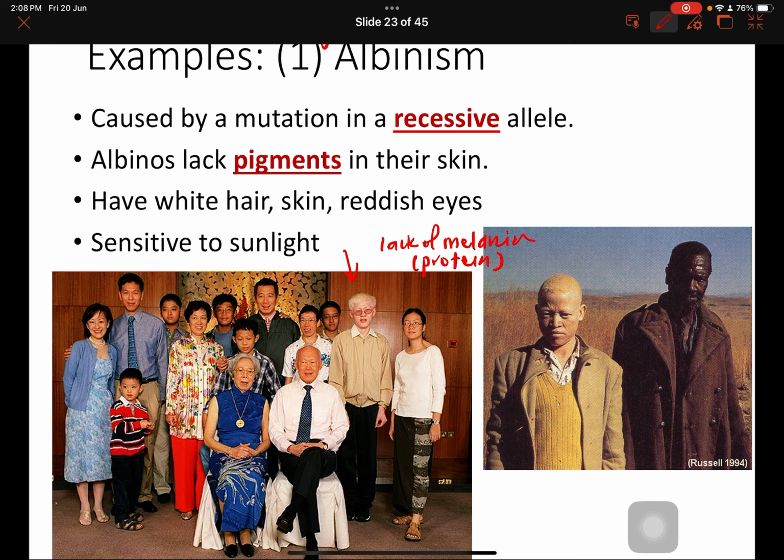If we go back to our understanding of how certain characteristics are passed down from one generation to another, based on theory, it could be because the parents are carriers of this genetic mutation, but they still have a copy of the dominant allele, so they are still able to express enough melanin to give them their hair color, skin color, and eye color. But if the son inherits one copy from each parent, this results in albinism in the child instead.